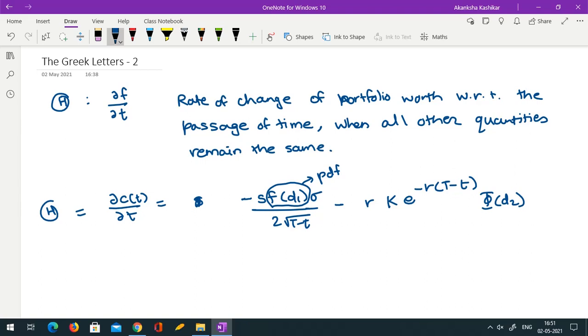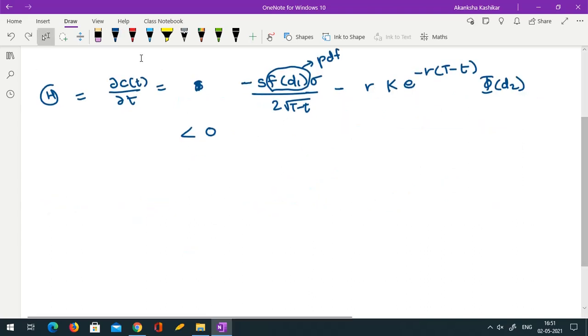S and sigma are of course positive. K, r, e and capital Φ are also going to be positive. So with the negative signs we can see that theta is negative. What does this mean? That a call option always loses its worth as time passes.